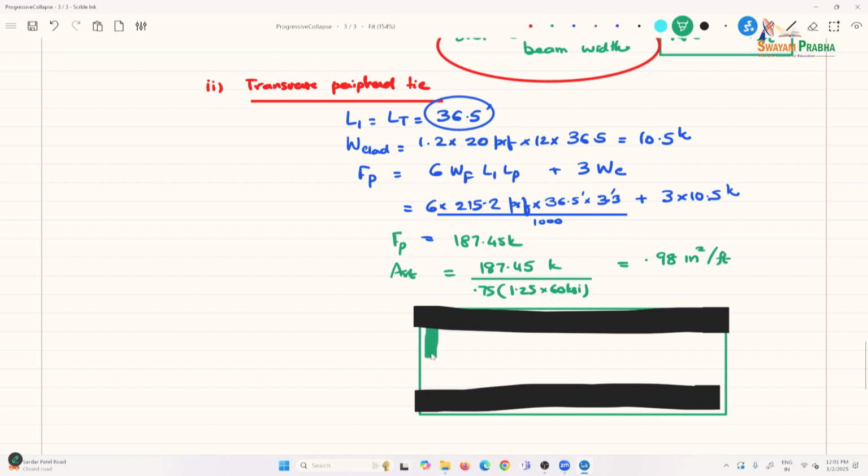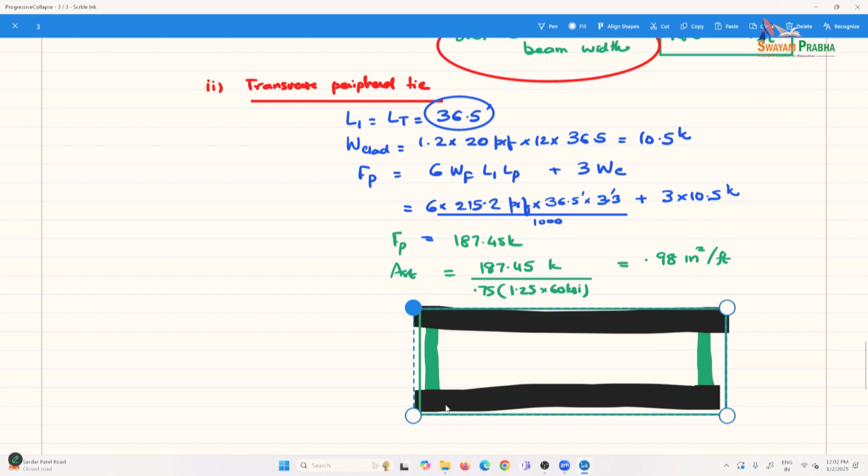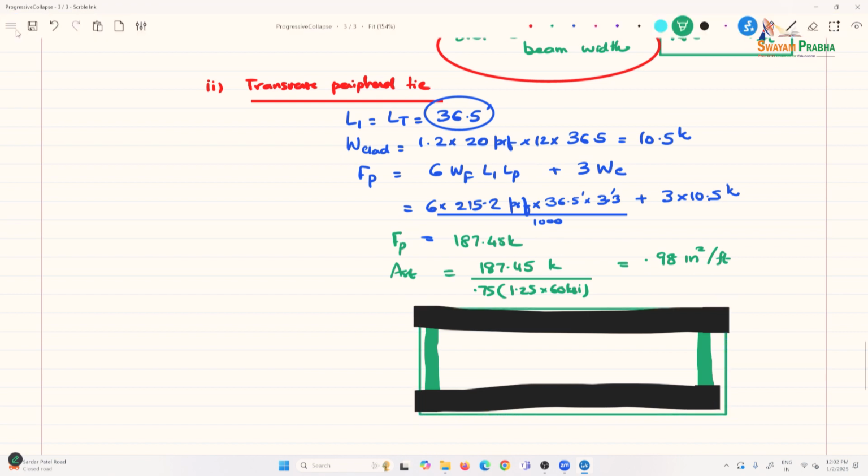So this is outside. So here you're providing 0.98 square inch per foot.